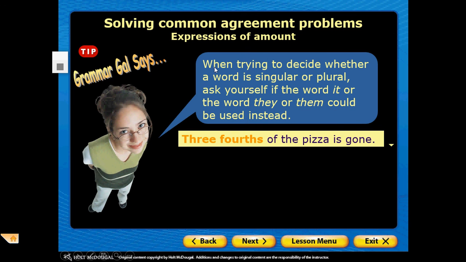When trying to decide whether a word is singular or plural, ask yourself if the word it or the word they, or them, could replace it. For example, if I'm talking about 3/4 of the pizza, am I going to replace 3/4 with it or they?